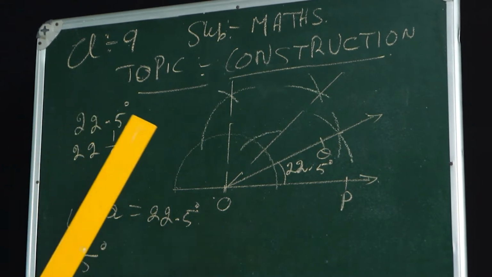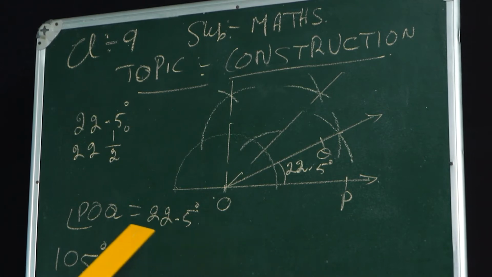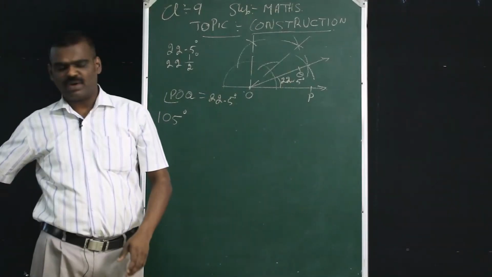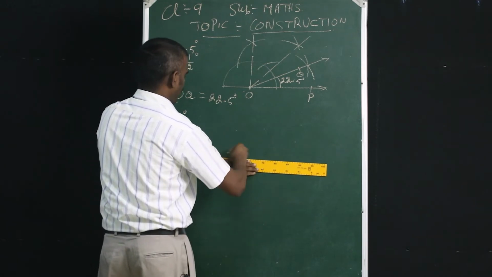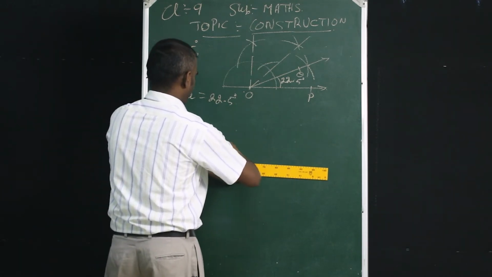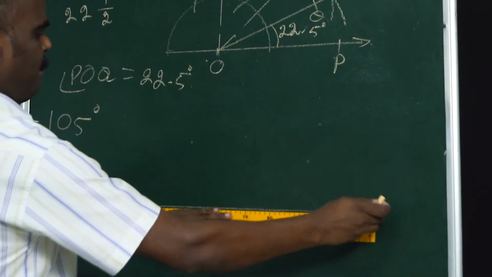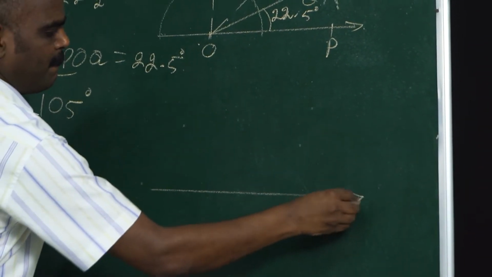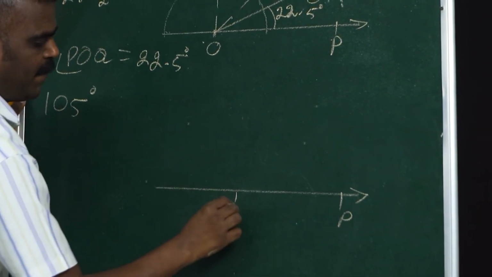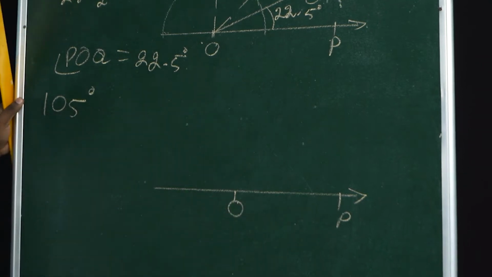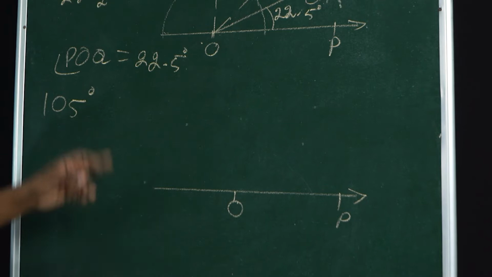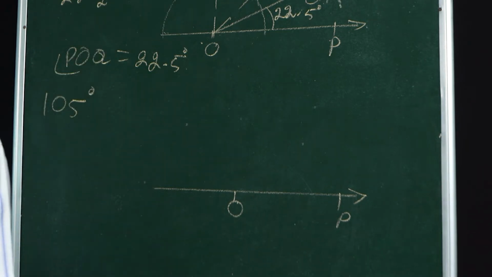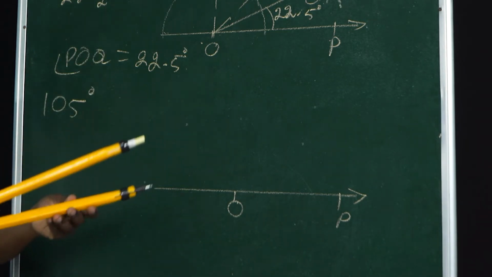Okay. Next, let us go for 105 degree. So, 22.5 degree you have learned, right? Yes. Now, let us go for 105 degree. Take a point O. Okay. To draw 105 degree, again we have to draw how many degree? 90 degree. Okay, children?